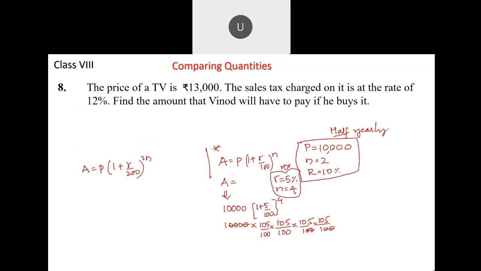Sir, we can use a calculator. 100 into 100 is 10,000 and we get it as 12,155.0625.